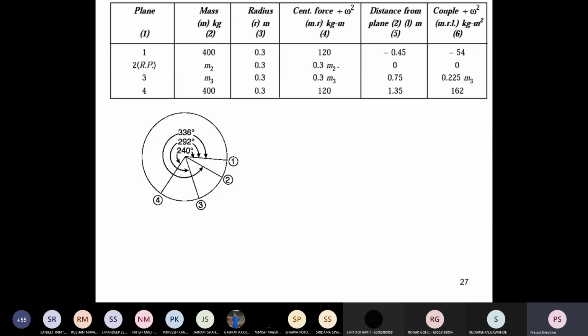M3 is 871, and M2 is 947. All right. So multiply this by 0.3.